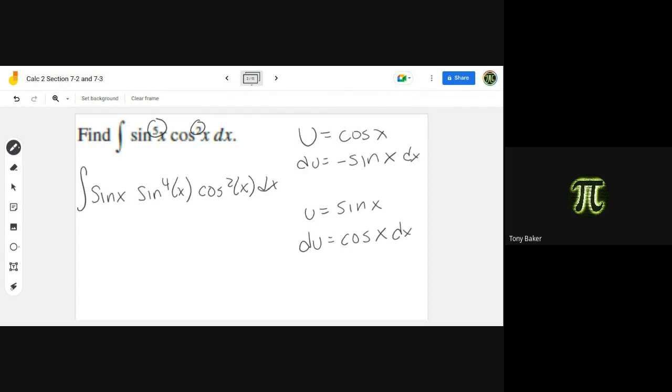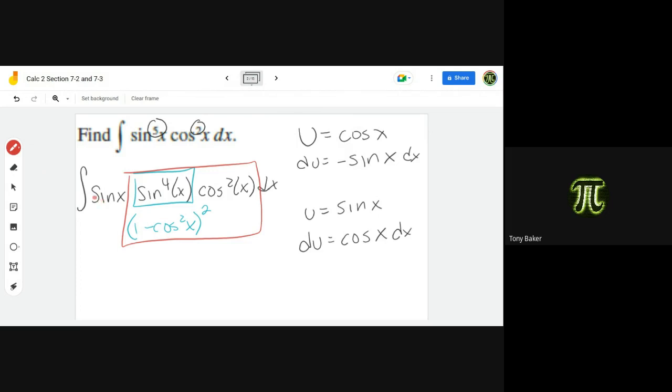All right. So now we're going to take this and change it to 1 minus cosine squared x, squared. Does that make sense? Okay. So now I have all of that in terms of cosine, correct?